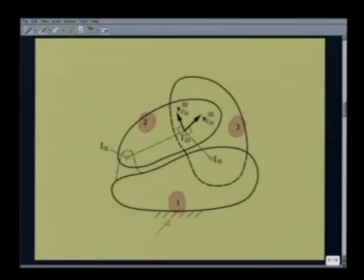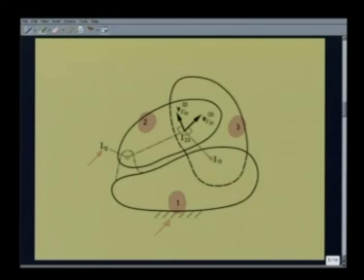So, to consider the relative planar motion between three rigid bodies, namely 1, 2 and 3, I consider body 1 to be fixed. And let us say that I12 is the relative instantaneous center for body number 1 and 2.